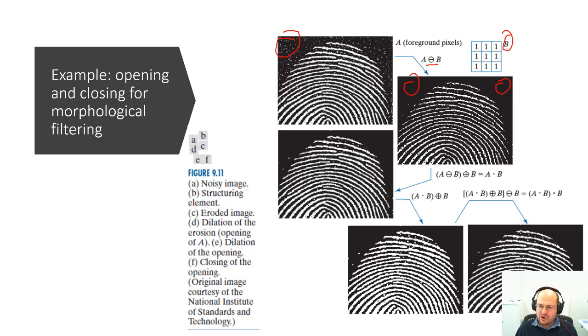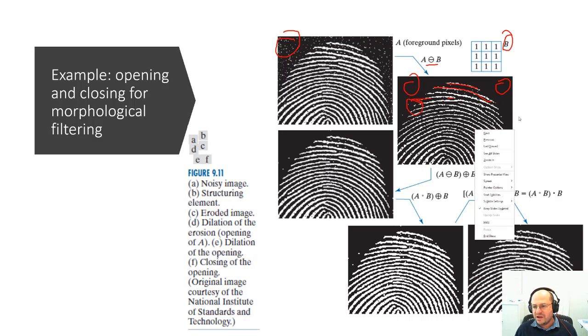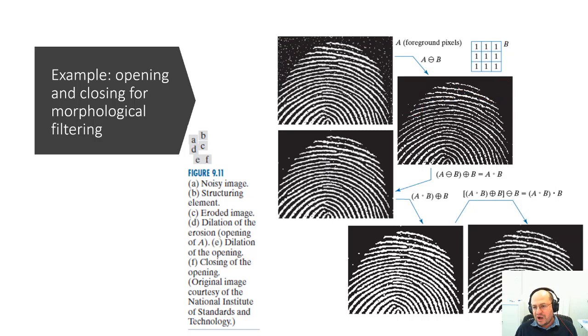But together with this noise, I also lost information. If you look clearly here in the fingerprint lines, some of the lines are almost disappearing. See this corner here? Let me clean this so you can see it better. Then, well, I got rid of the noise, but also got rid of some information. And now in order to collect this information back again, I then dilate this, and then I have the fingerprint back again. All right.